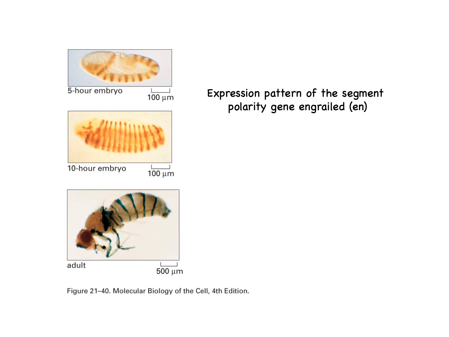Whereas the segment polarity genes are a mixture of DNA binding proteins, of which engrailed is one, and signaling genes, either those that are found on the cell surface of one cell as a receptor for a signal, or those gene products that bind to those receptors and signal cells.